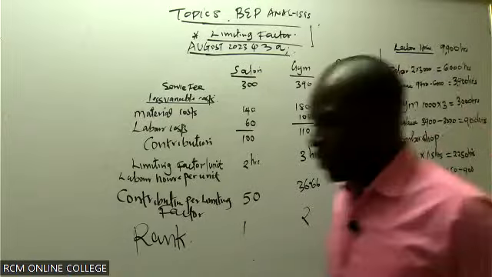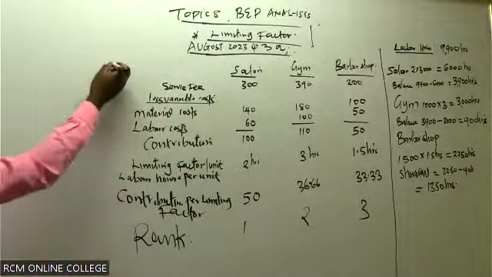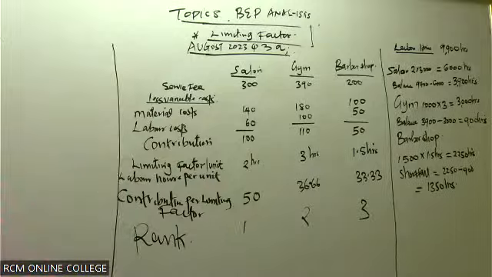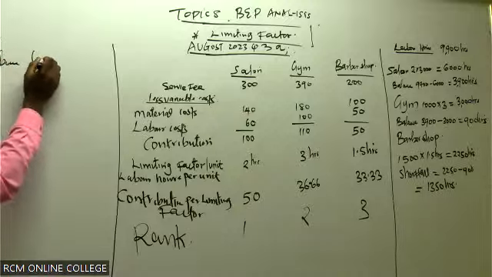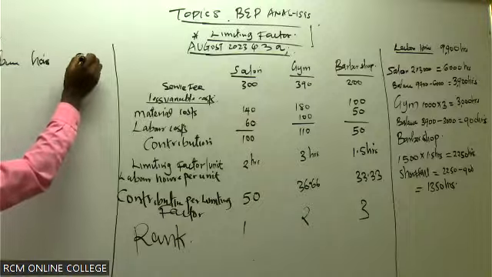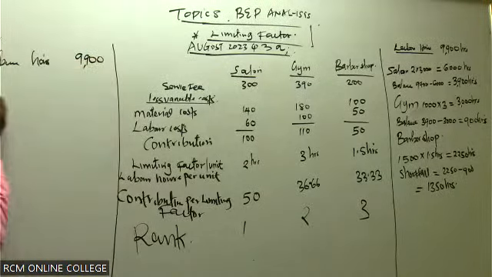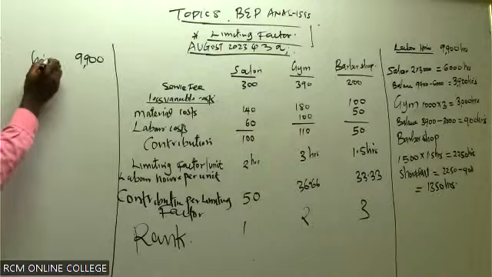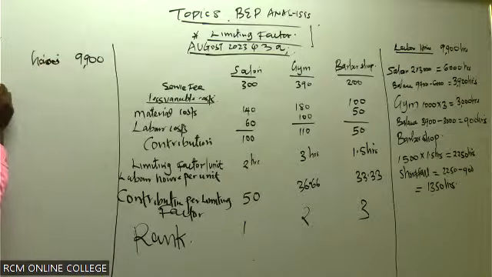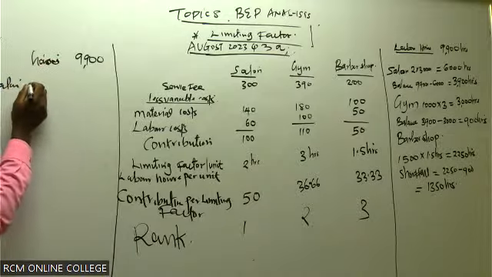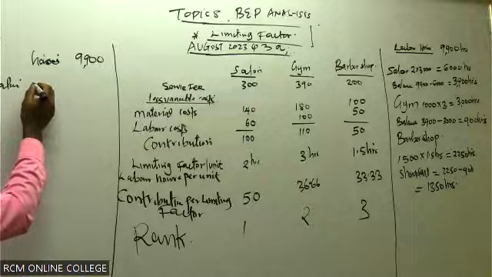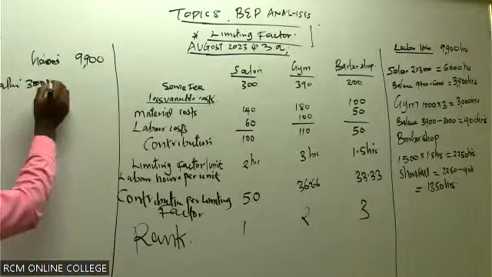Or in other words, you can also do it this way, if you don't want to go that long procedure. You are given that labor hours of the company are limited to 9,900. Under salon, we have to serve 3,000 clients and each requires 2 hours.